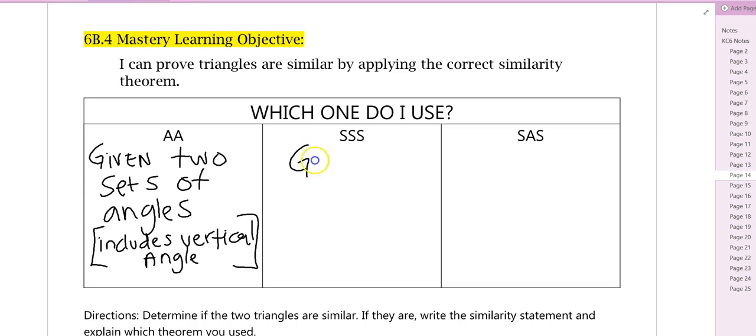So when do you use side-side-side? Well, when you are given the measurement of all three sides. So don't really worry about the interior. You just have everything on the exterior labeled, all three sides.